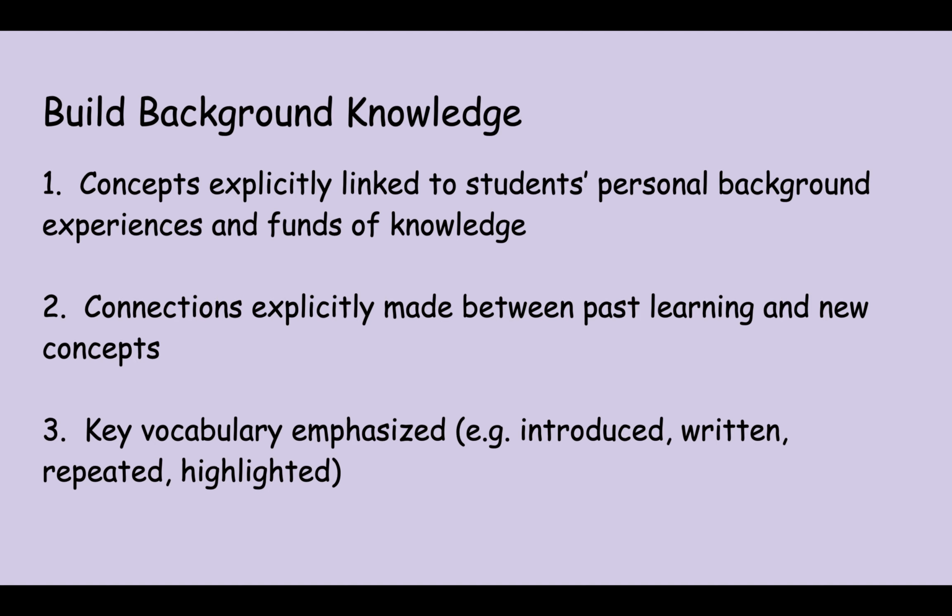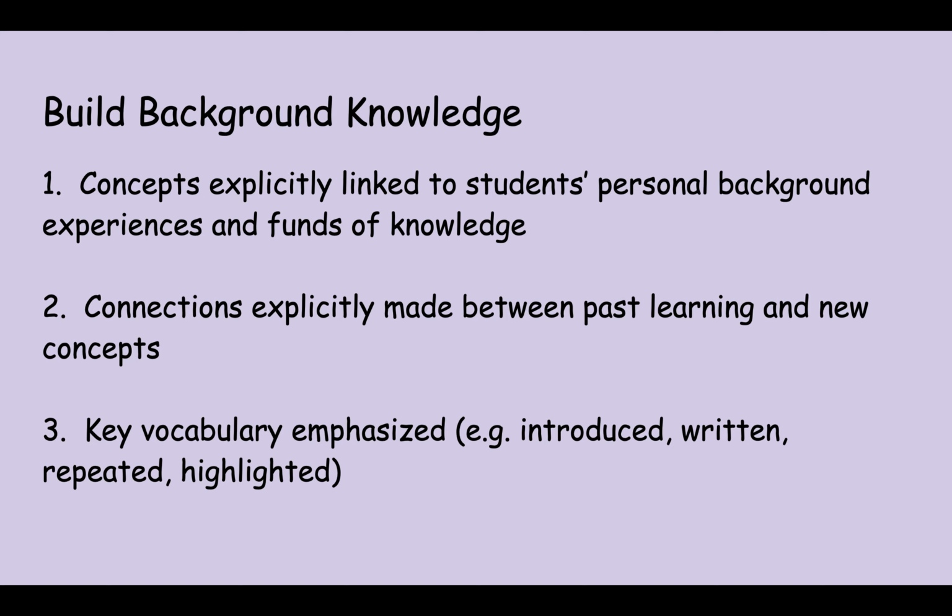All right, so one way that you can help your English language learners achieve is by building their background knowledge. So remember, you need to find concepts and explicitly link them to the student's personal background. You need to think about what their experiences and funds of knowledge are. Remember that your students do carry valuable experiences and knowledge, even if it's different than what our culture seems to be here.